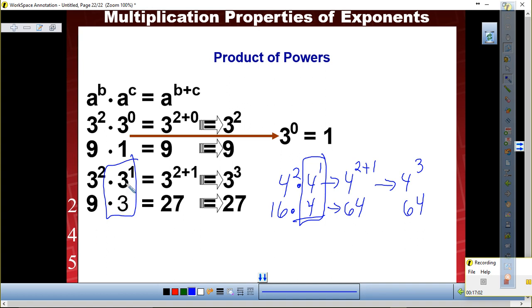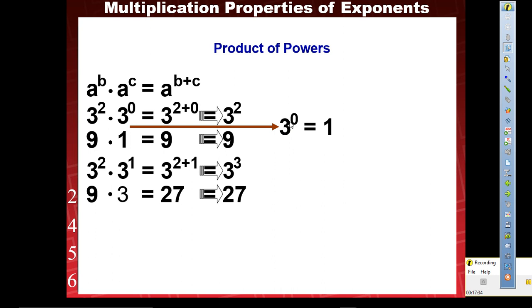Tell your neighbor what we can conclude from that one. Jason, what can we conclude from that? Any number to the exponent of 1 is the same number. Does that make sense? So what are the two things that we learned right now? That any number to the 0 exponent is 1, and any number to the 1 exponent is the number itself.